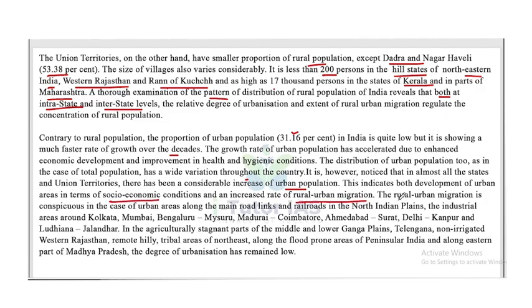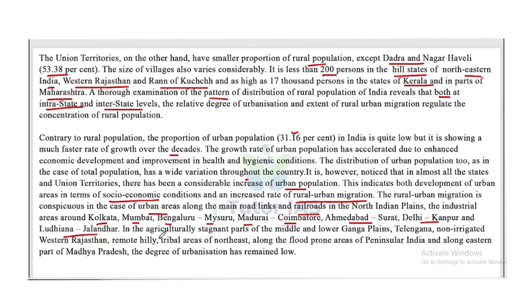rural-urban migration. The rural-urban migration is conspicuous in the urban areas along the main roads and railroads in the North Indian plains, and the industrial areas across Kolkata, Mumbai, Bengaluru, Mysuru, Madurai, Coimbatore, Ahmedabad, Surat, Delhi, Kanpur, Ludhiana, and Jalandhar.